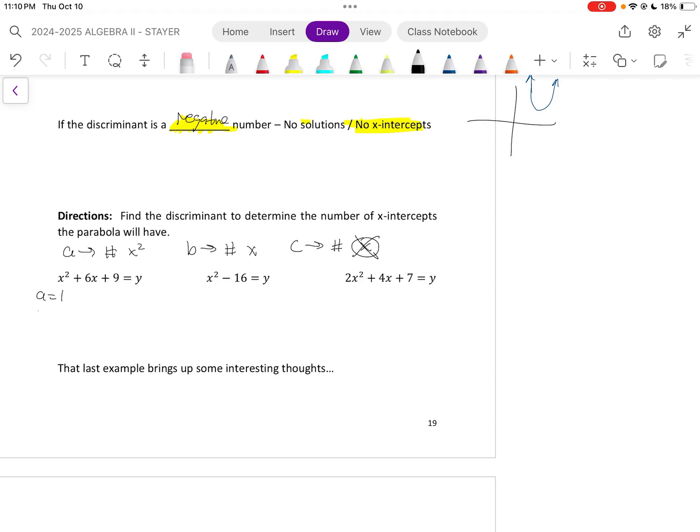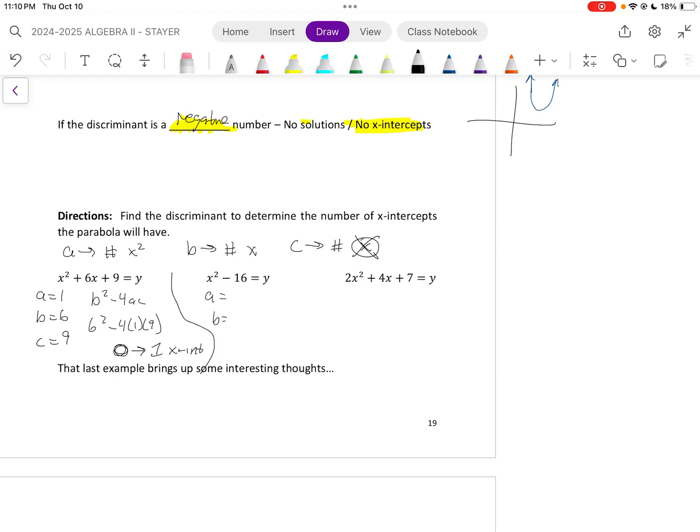A equals 1, B equals 6, C equals 9. B squared minus 4ac, so 6 squared minus 4 times 1 times 9. All of that simplifies to 0. So that means it has one x-intercept right there.